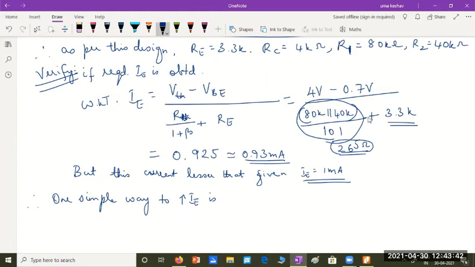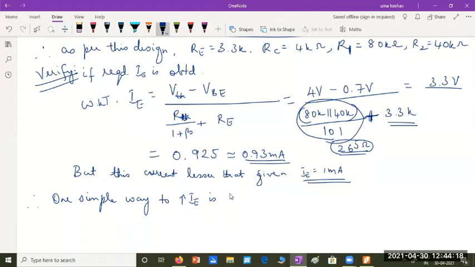So when we add this R Thevenin by 1 plus beta to RE, naturally this addition is creating a decrease in the emitter current. Otherwise, we got this as 3.3 volts. And if I simply had 3.3K here, if this became almost zero, then I would get an exact current value of 1 milliampere. That means we have to try to make this very small.